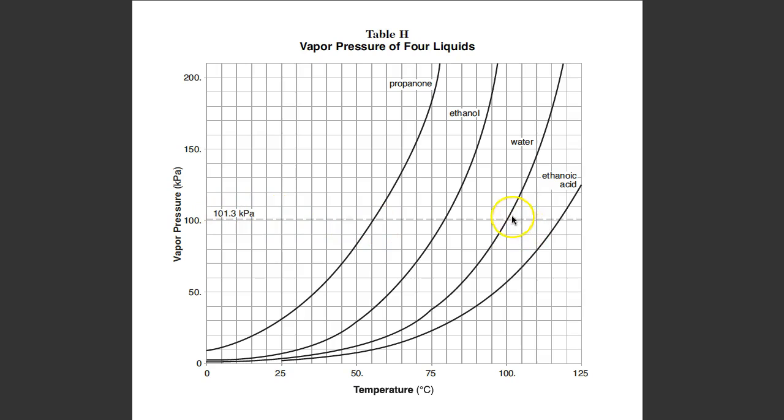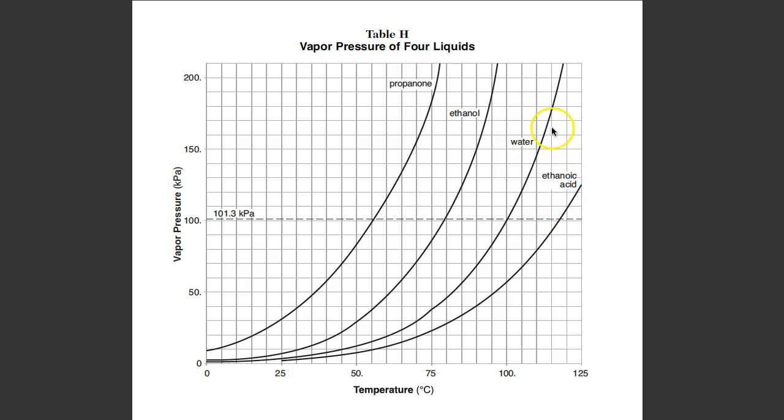Now, why is the line here for water so much flatter? Its slope is a lower number than these others because water resists evaporation. Its vapor pressure isn't as high at a particular temperature because the intermolecular forces of attraction are stronger. And the stronger intermolecular force of attraction is H bonding.